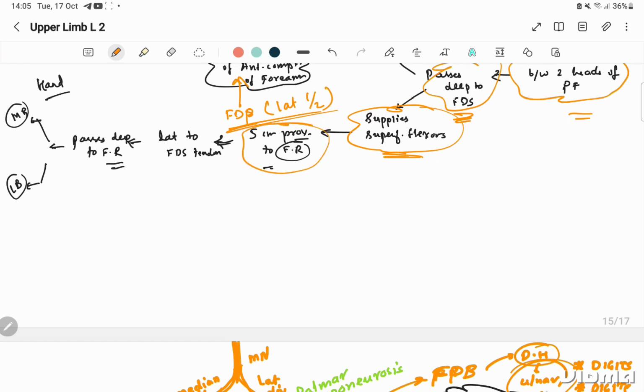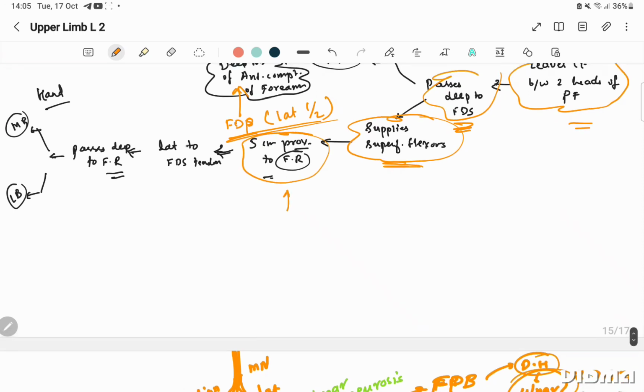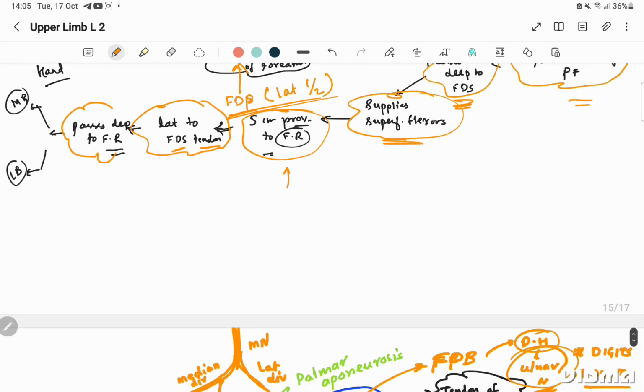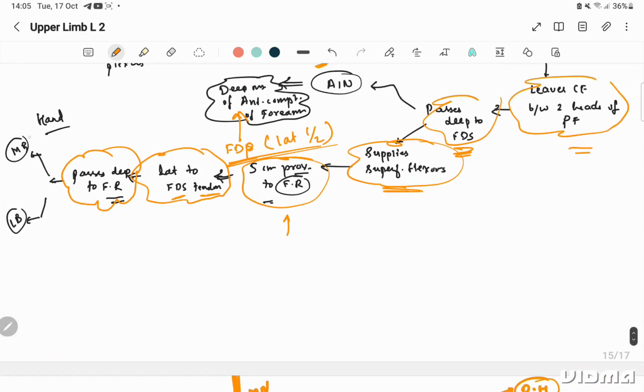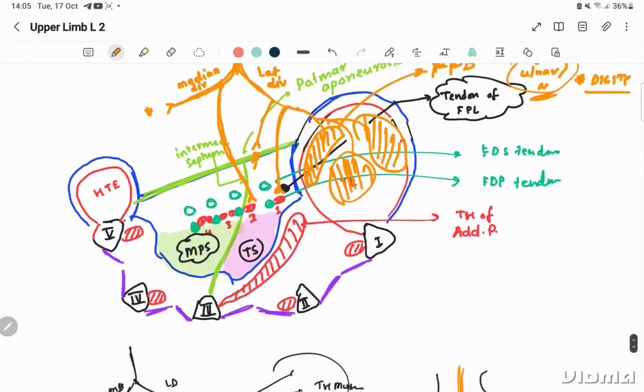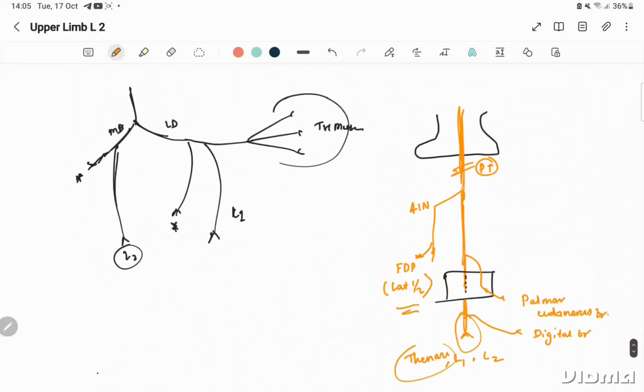It passes 5 cm proximal to flexor retinaculum, descends lateral to flexor digitorum superficialis tendon, passes deep to flexor retinaculum, and divides into medial branch and lateral branch, where we can see the course here.